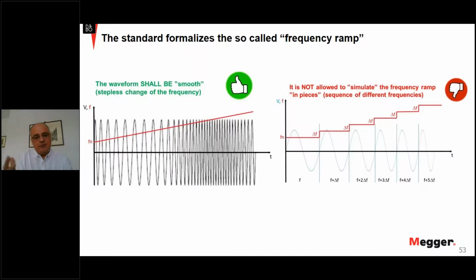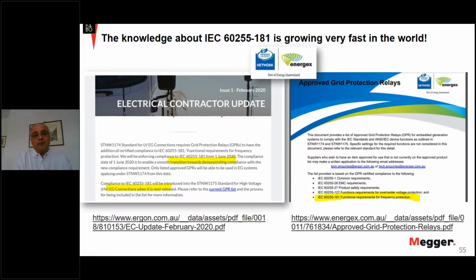And the frequency ramp, as we call it in popular language, is to be smooth and cannot be done in steps. That's one of the most important principles established by this standard. There are many others. And the knowledge about 60255-181 is growing very fast. You can just Google search for it, and you find that Australia said, okay, all the protection relays must be type tested according to 60255-181.